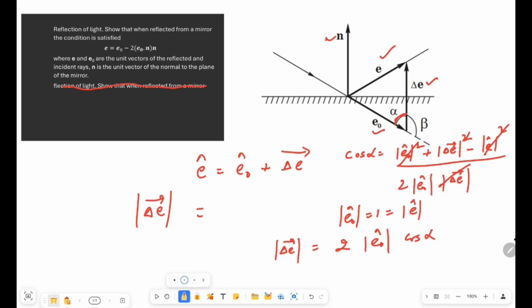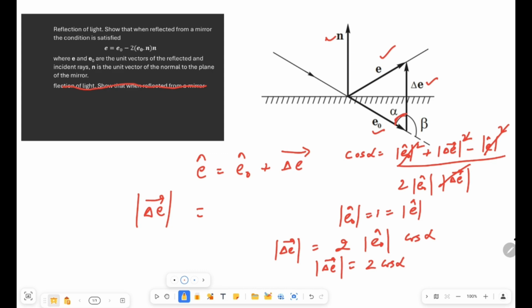So magnitude of delta E is equal to 2 cos alpha simply.